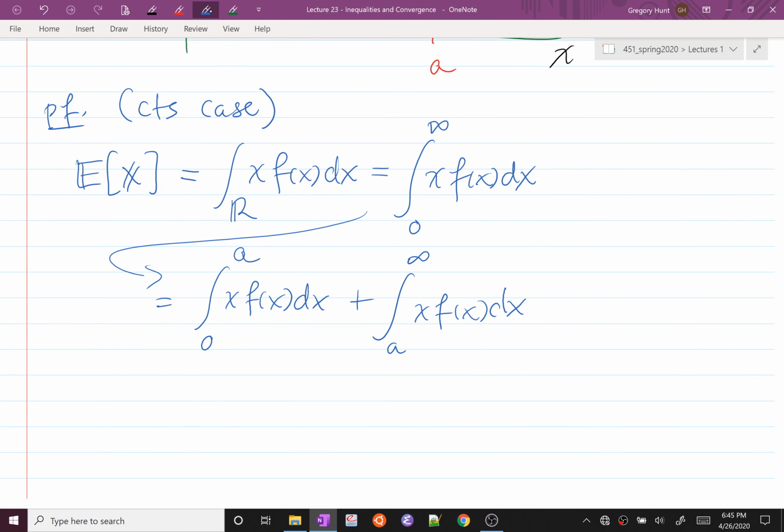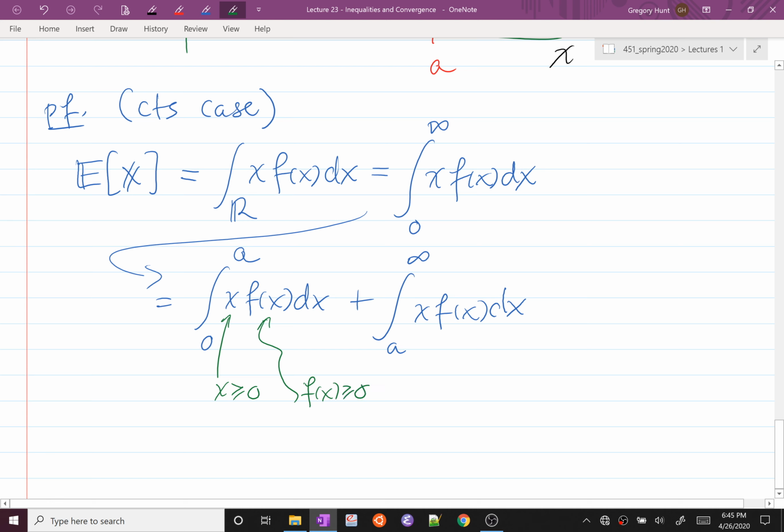Because I'm integrating from 0 to a in this first one, x is non-negative in this first integral, and certainly f of x is bigger than or equal to 0.